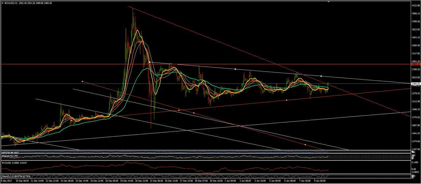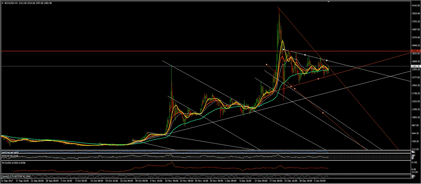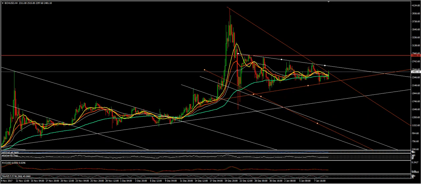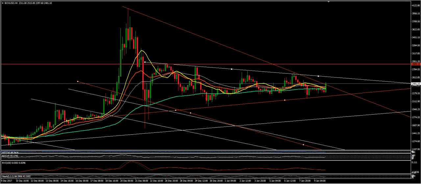And the reason I say that is because there's differences between them on each time frame. So on the 1 hour, this is broken, but on the 4 hour, again, it does look broken.